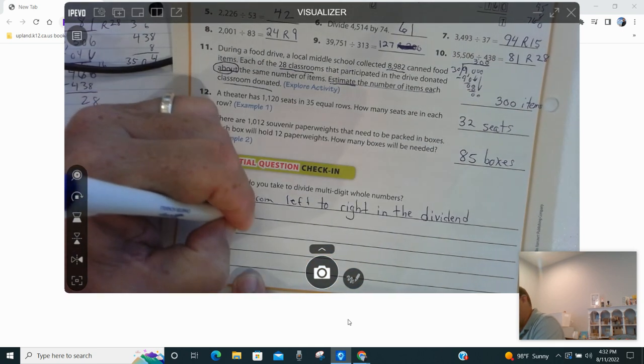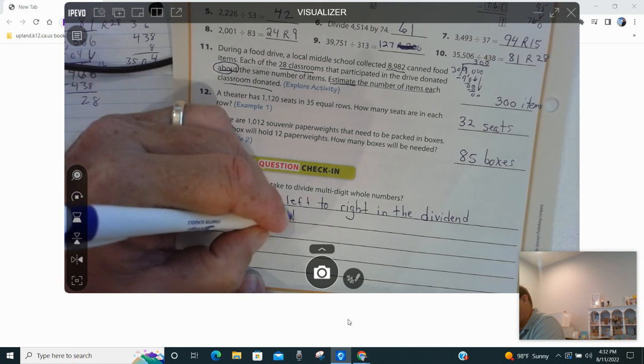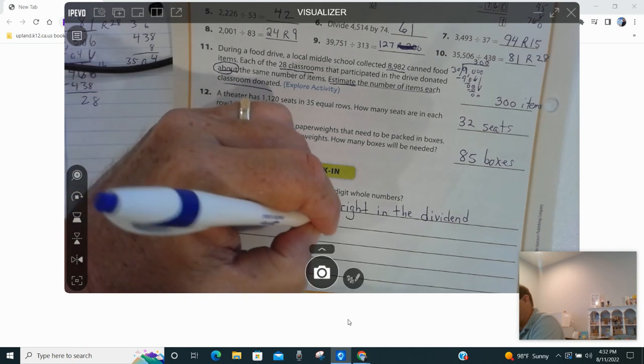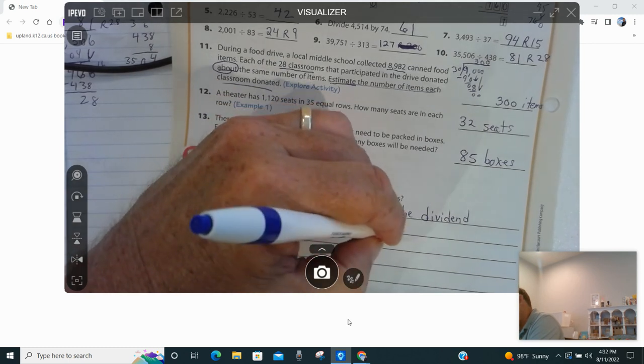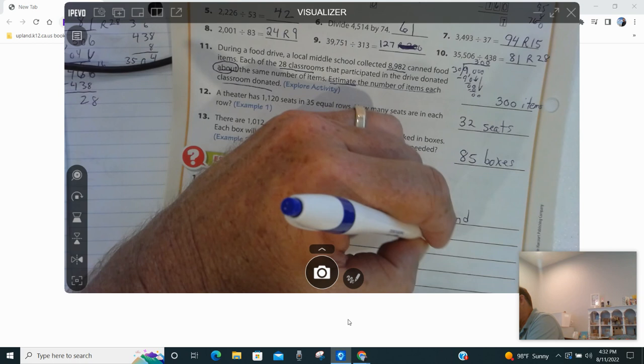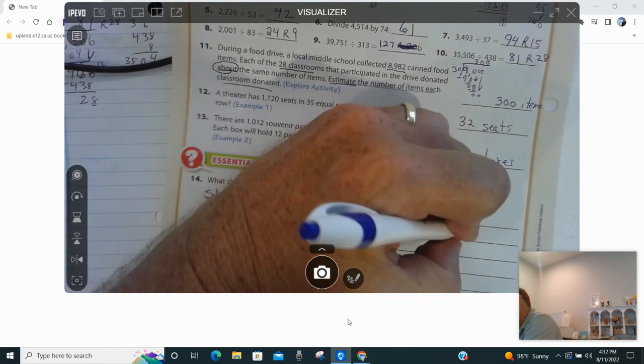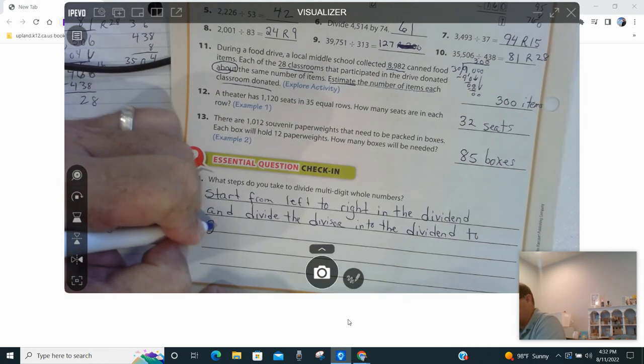And we divide the divisor into the dividend to get the first digit.